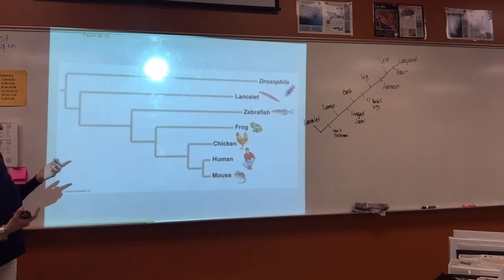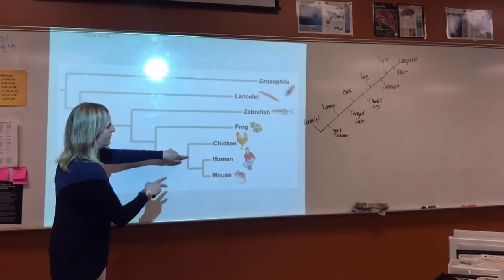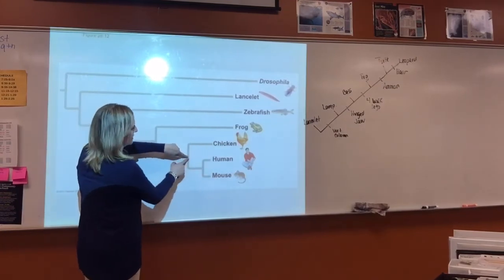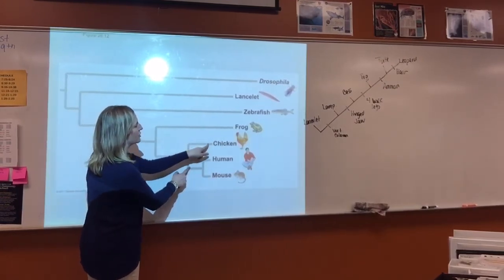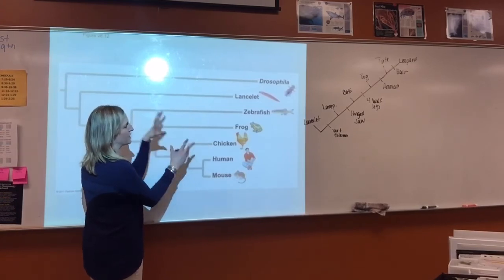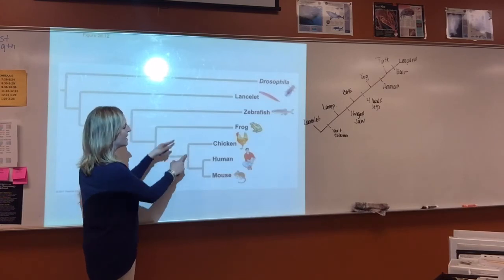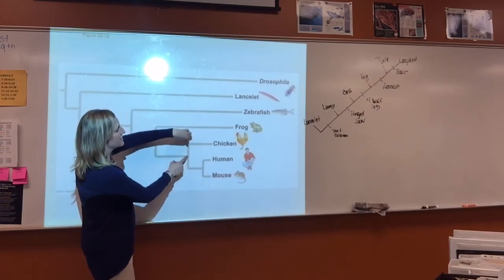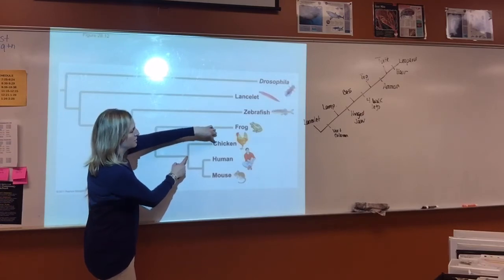So what does this mean? Here's the ancestor of these three organisms, and we have this divergence. This line is longer, so if it represents DNA changes, that line represents the amount of DNA that must have changed from this organism to the chicken.